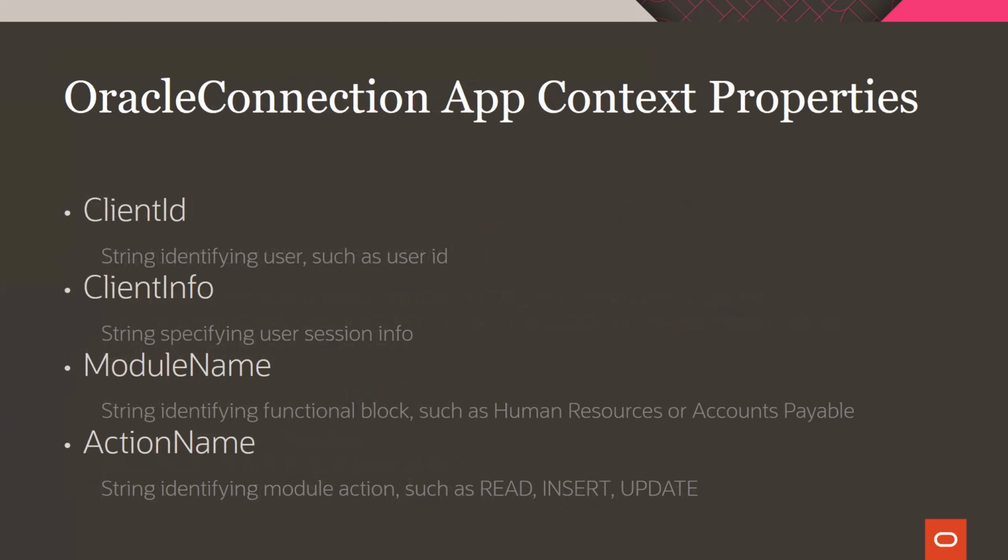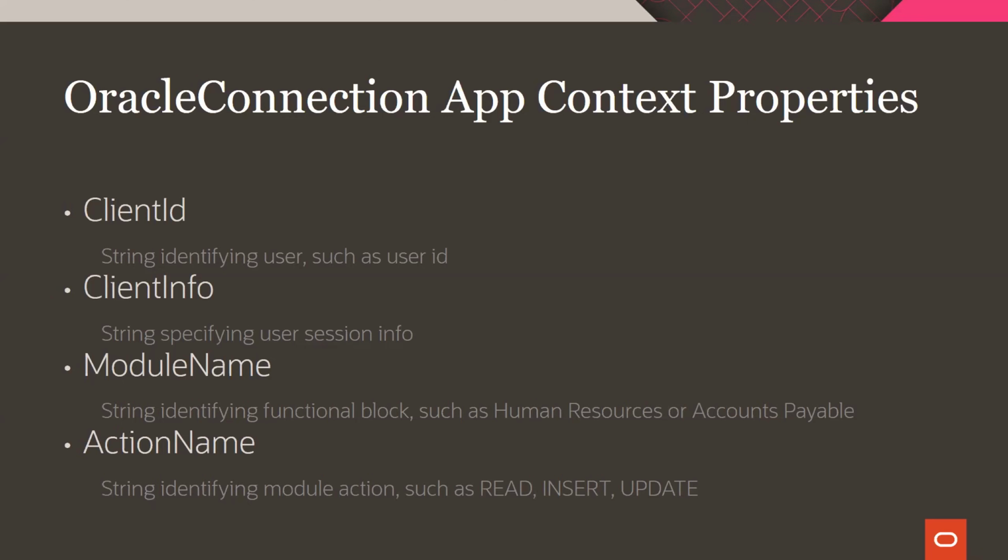So what are the app context properties available? We've got four: client ID, client info, module name, and action name. Commonly, you can use these for any arbitrary string, but usually people use client ID for what it's named, which is a kind of user ID. You don't have to, but most people do. That's why they call it client ID. Client info usually refers to something on the user session, maybe the language they're using, or something associated with their client session.